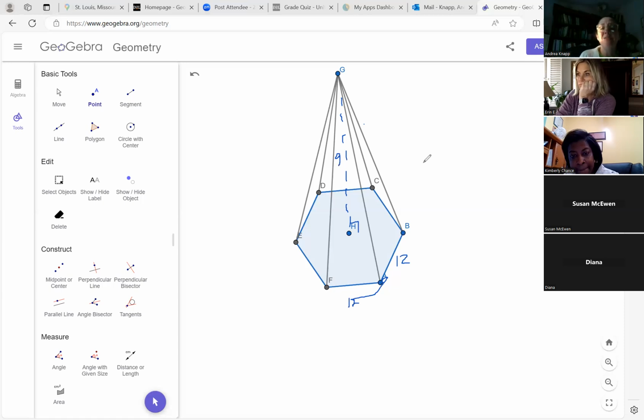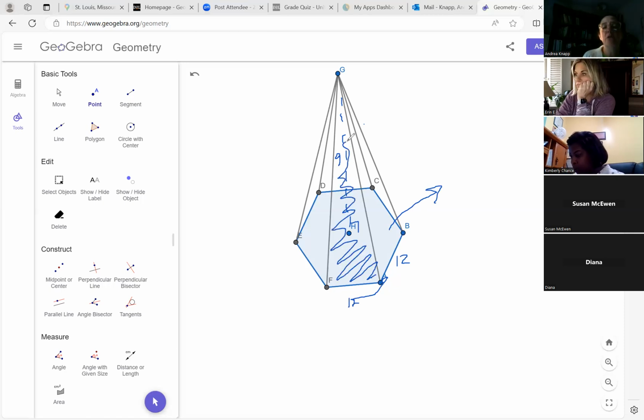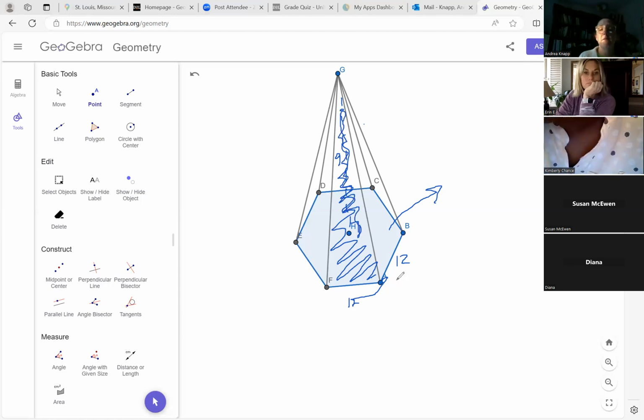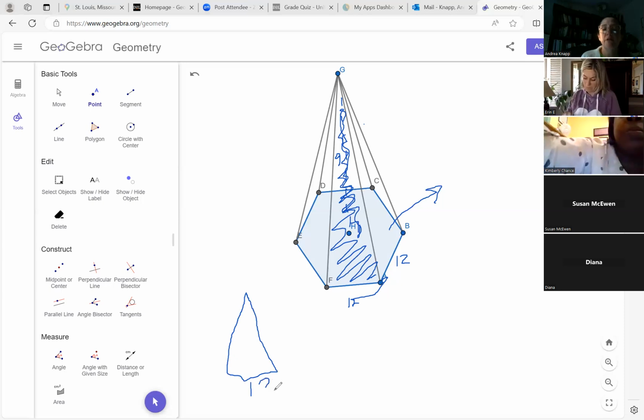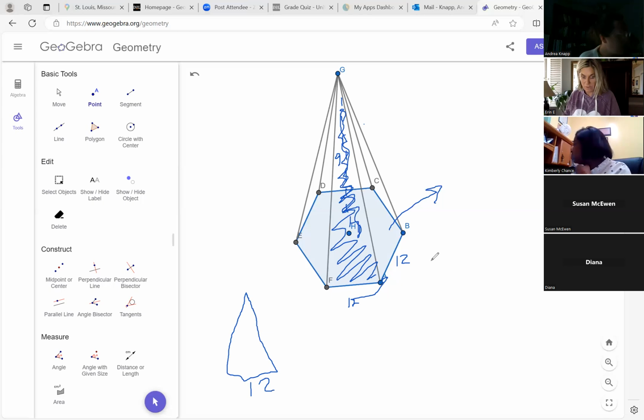In other words, we're going to have to find the area of this hexagon, and then we also want to find the areas of these 6 triangles that make up the faces of our pyramid. So we've got 6 of these triangles where their base is 12, and we've got this hexagonal base that we have to find the area of.